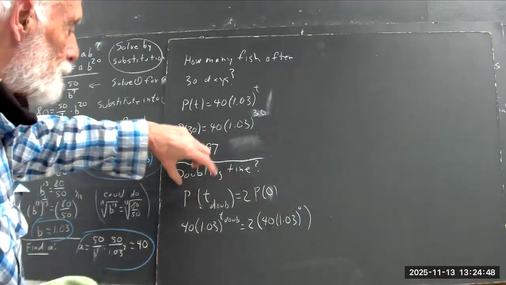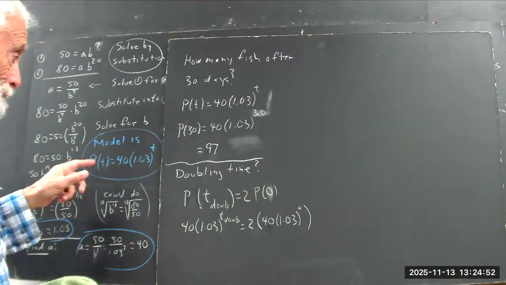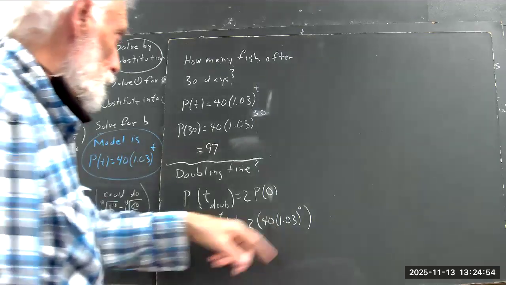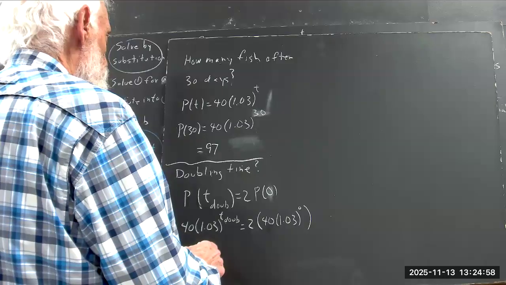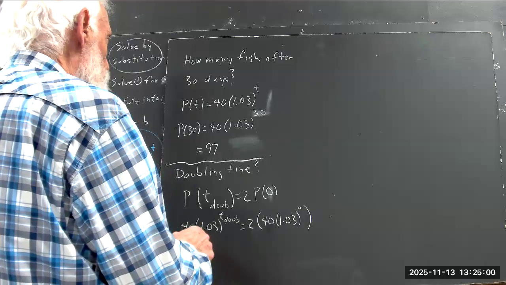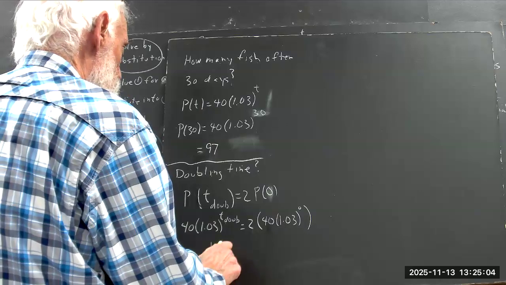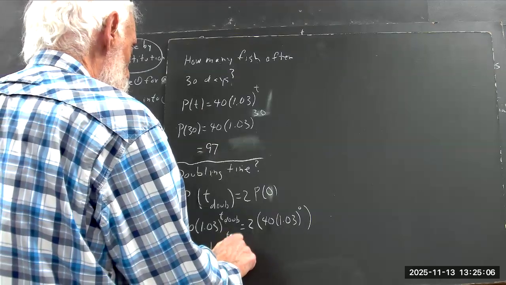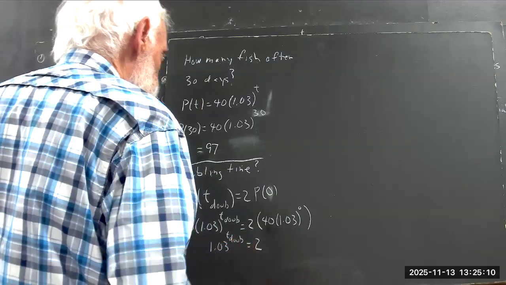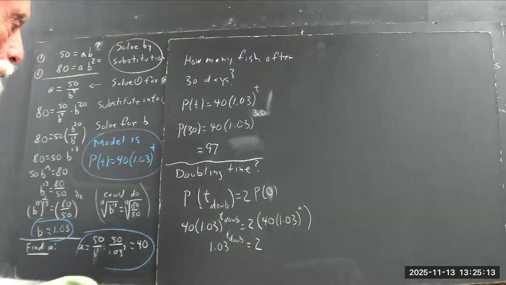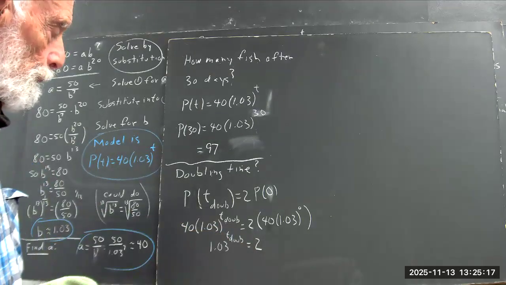Okay, so if we just write it out using the equation carefully, we end up with this. We can divide both sides of this equation by 40. And we get 1.03 to the T dub equals 2.